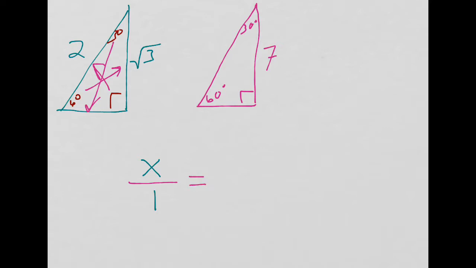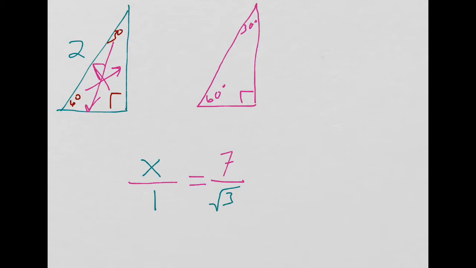And then you should have gotten the part of the triangle that you were working on that you know, which is that 7, and then put it over the corresponding side of the triangle that you're working on. And you would have gotten your answer.